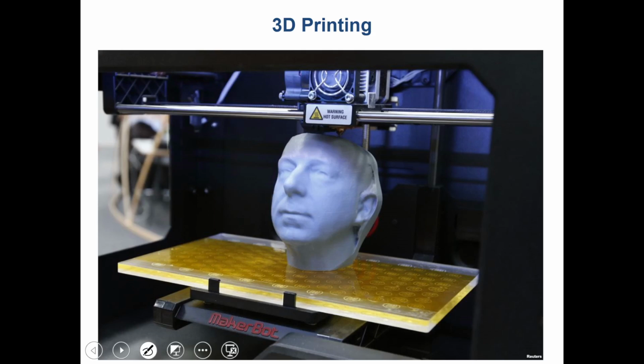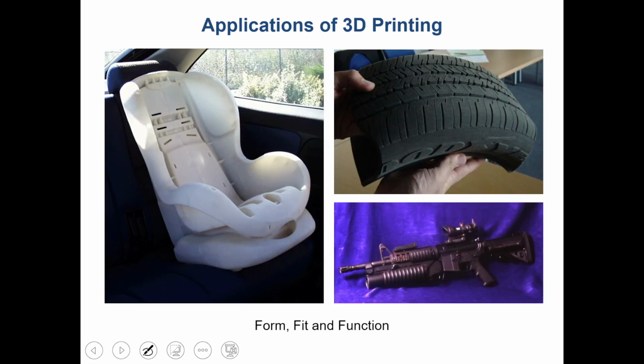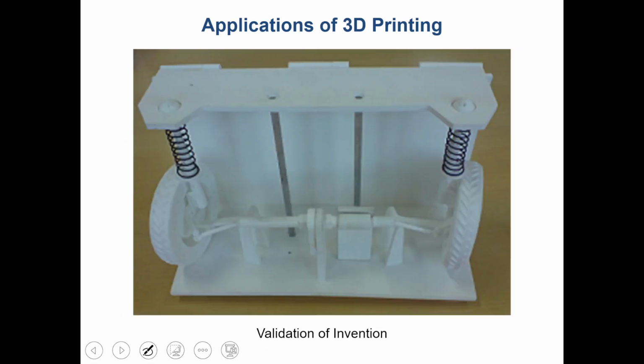With 3D printing, some head masks are manufactured. This is touch and feel, where even the Taj Mahal has been manufactured through 3D printing. Form, fit, and function: tires, guns, and everything, even car seats, whole seats, helmets, and wind tunnel testing.